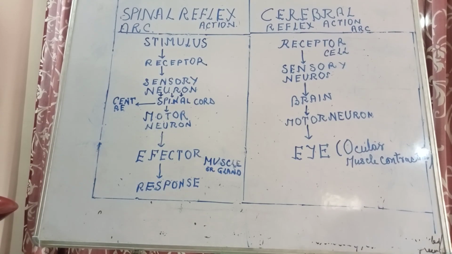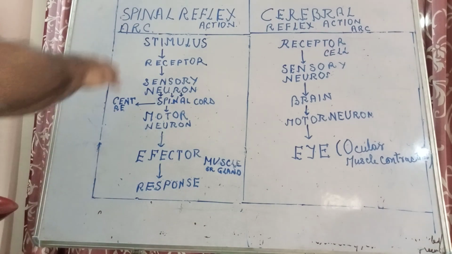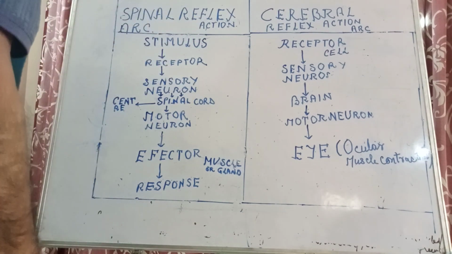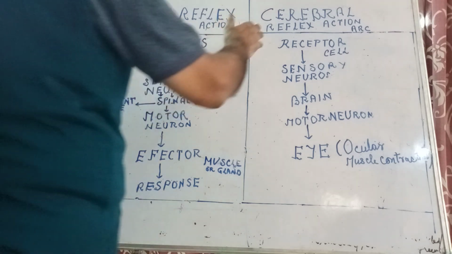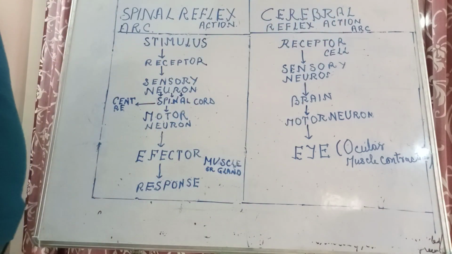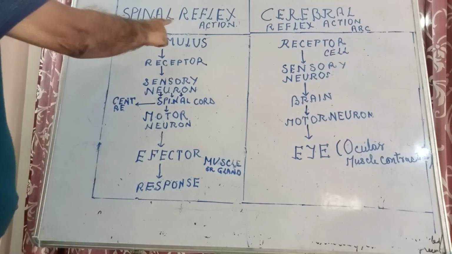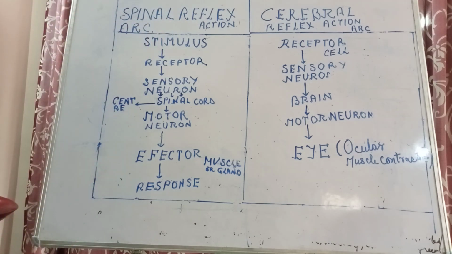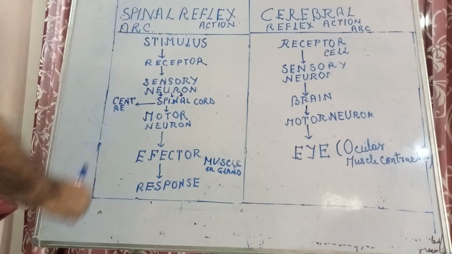I'm very happy again to discuss this topic, that is spinal reflex action arc and the cerebral reflex action arc in form of flowcharts. So, first of all, spinal reflex action we will see, and how this is flowing.